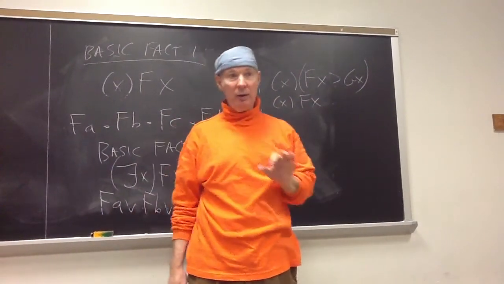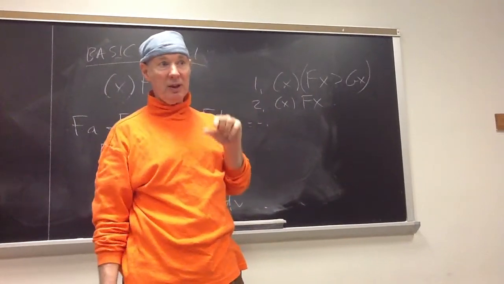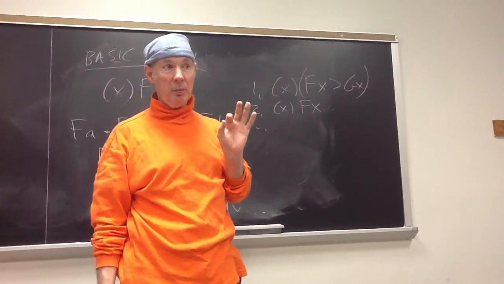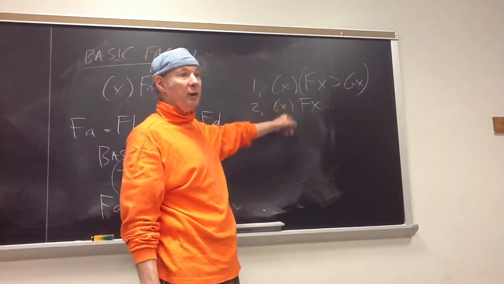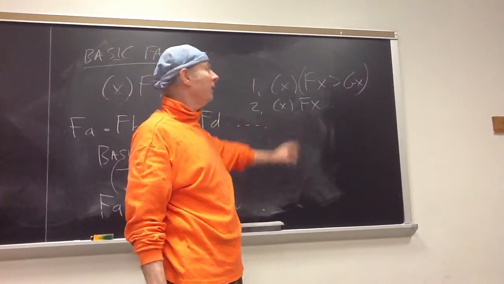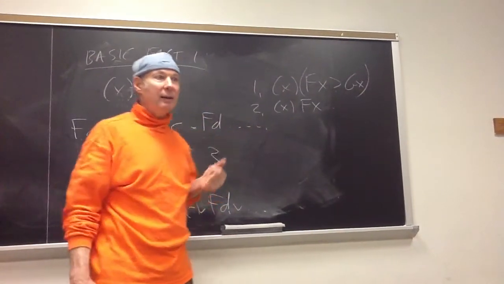And as you know, you can't do modus ponens unless the horseshoe has larger scope. So we have to get rid of these quantifiers. We have to drop them. How do we do that?